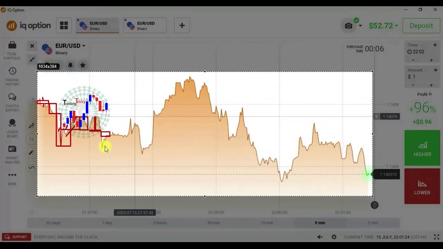Okay, the lower side has rejection. So after that, this is a doji candle, also with small rejection. Then a green candle here, but again we can see it closed as a red candle with some rejection.